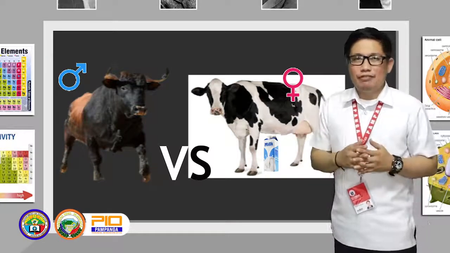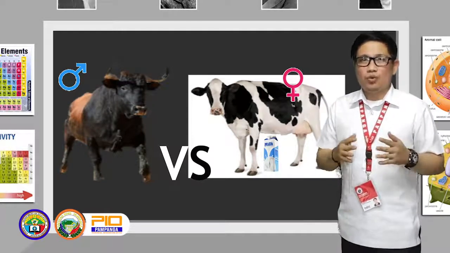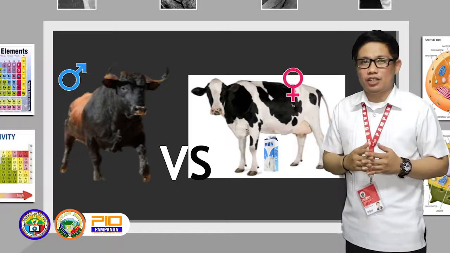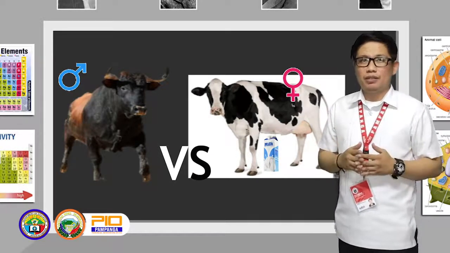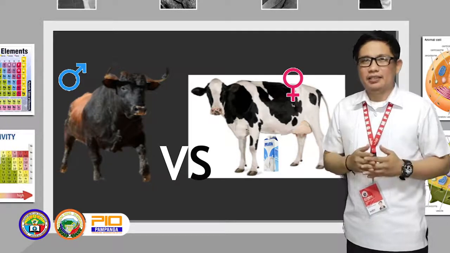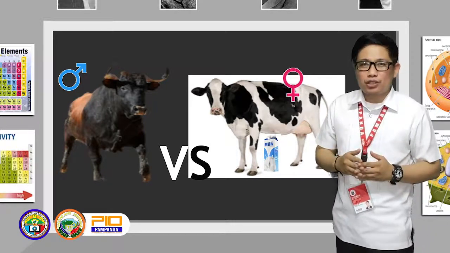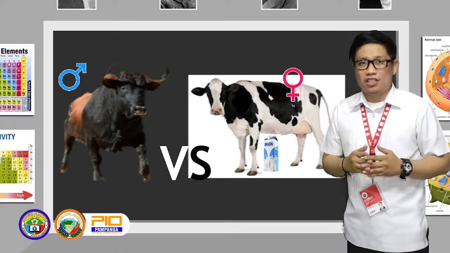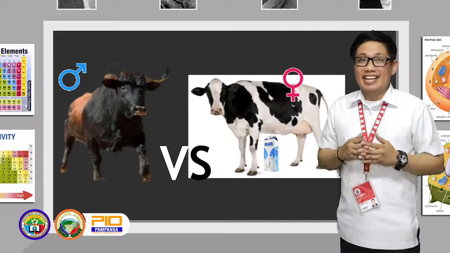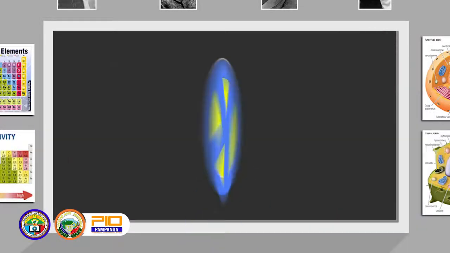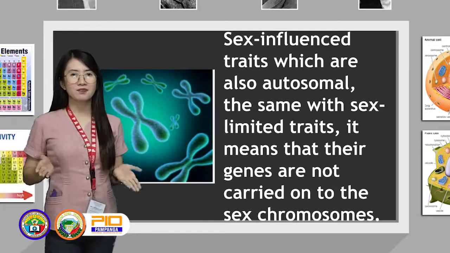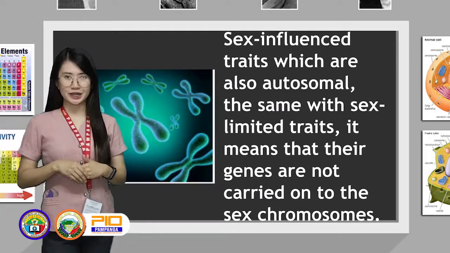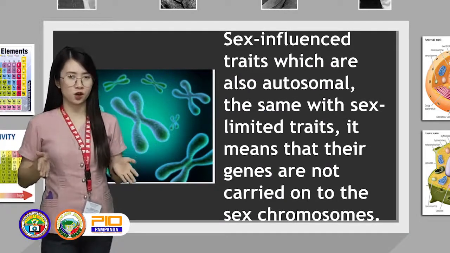Have you noticed that in female cattle, if at least one gene pair is for lactation, the female produces milk? In male cattle, it does not matter if they possess 1 or 2 genes for lactation. They never produce milk.